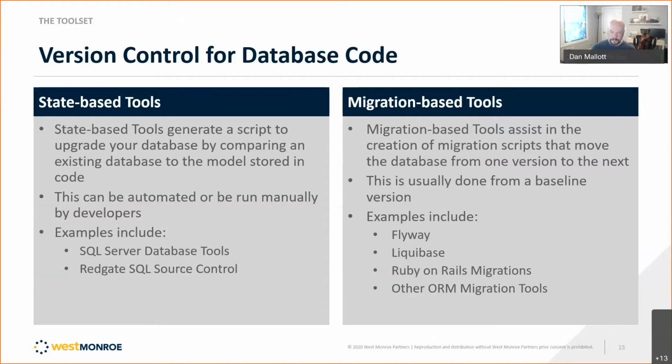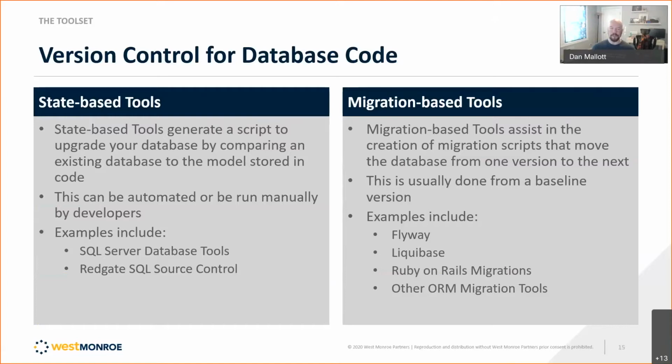So state-based tools essentially generate a diff script to upgrade the database by comparing what you have in an actual existing database against what you have in your model and generating a script to make all of the changes, which can then be either automated or run manually.